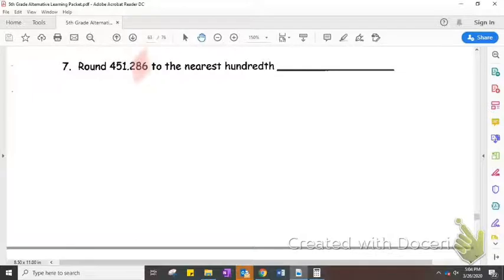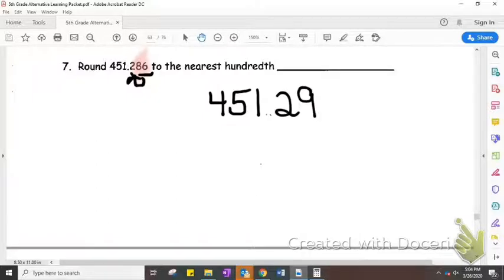Now we're going to look to the right at the thousandths place. 6 thousandths makes the 8 round up. So this number becomes 451 and 29 hundredths.